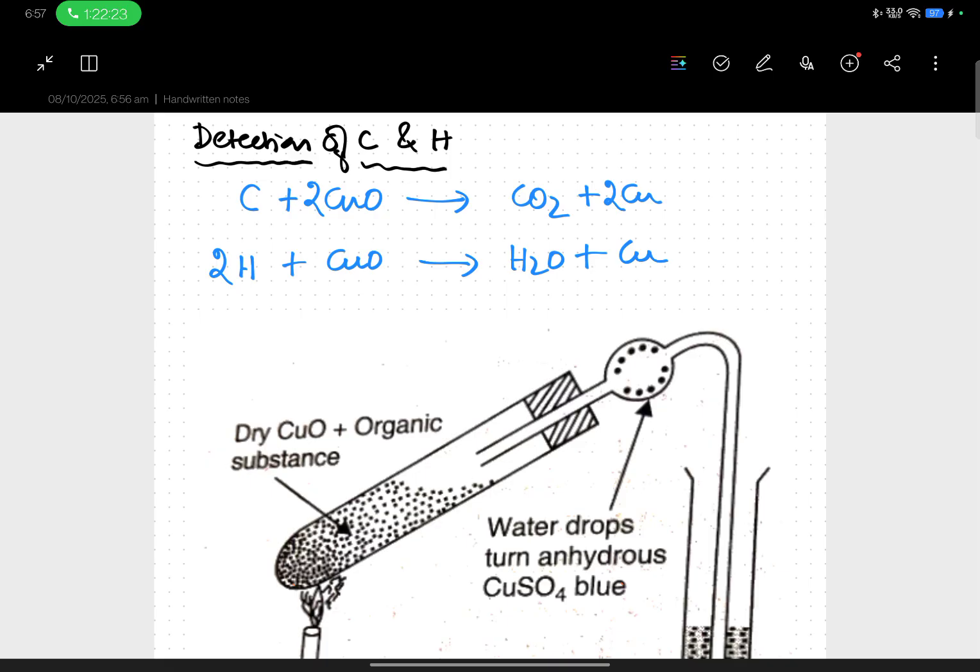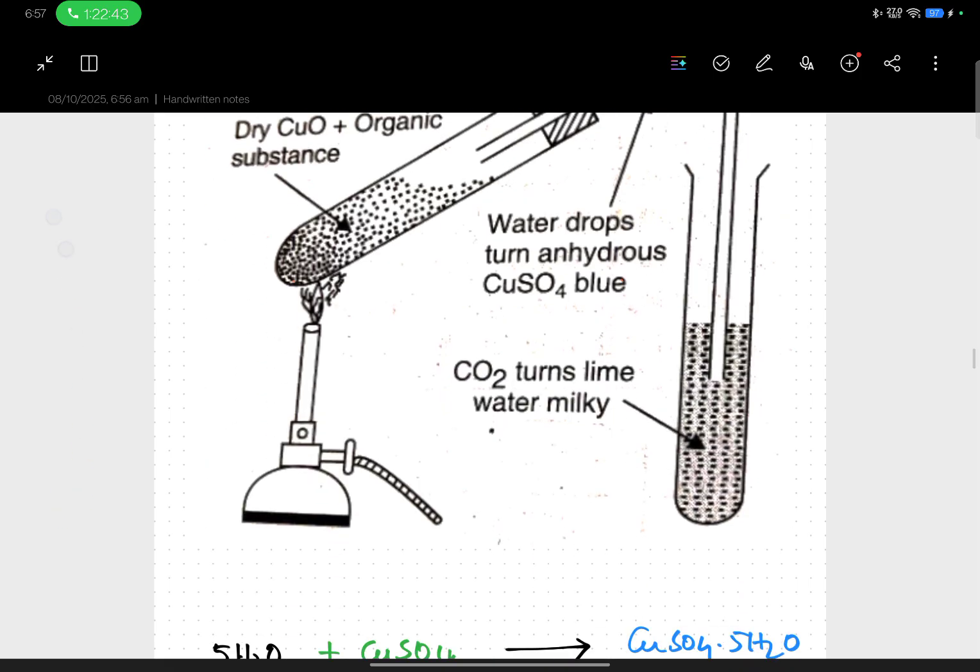So similarly, we have deduction of nitrogen, we have deduction of sulfur. Copied, sir, copied.